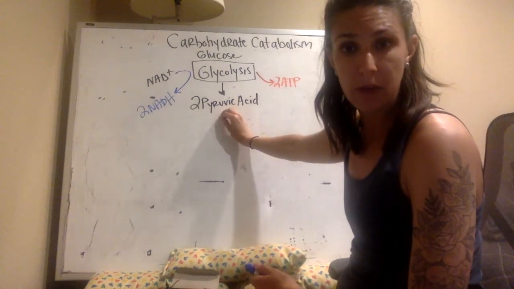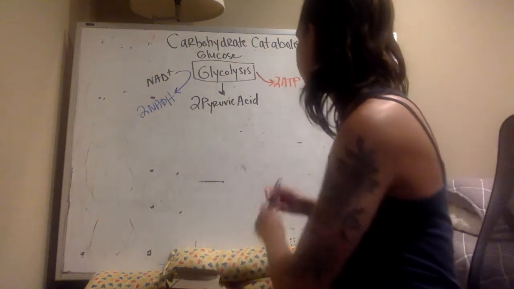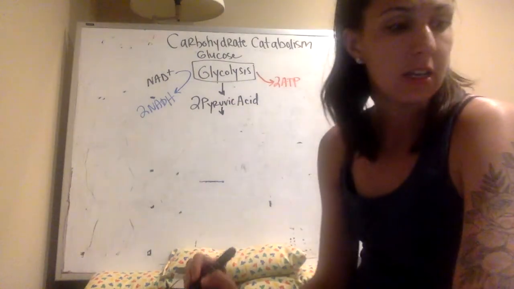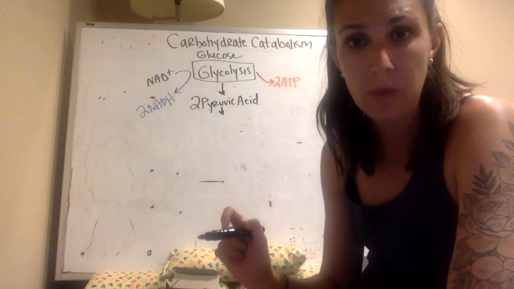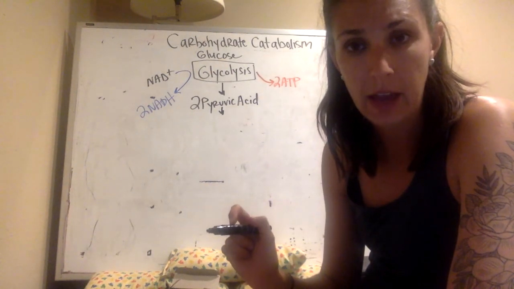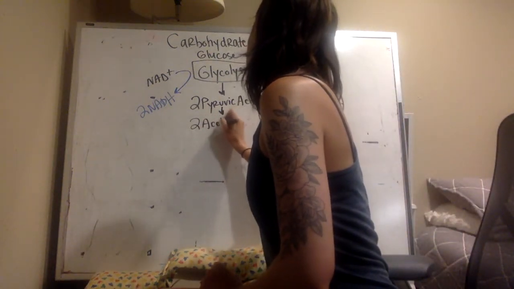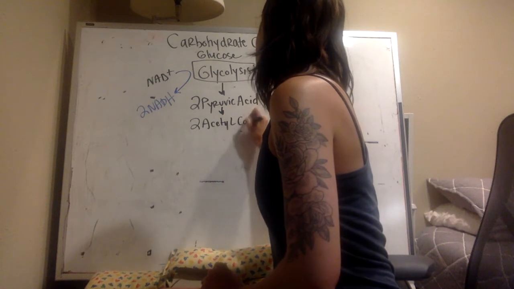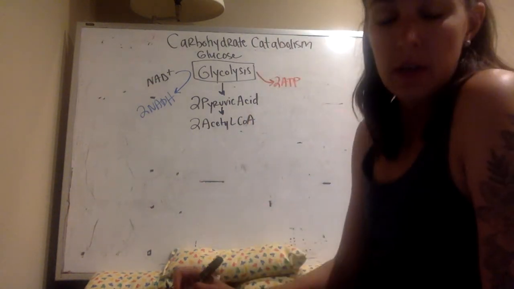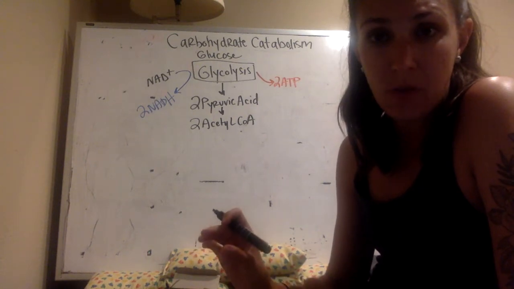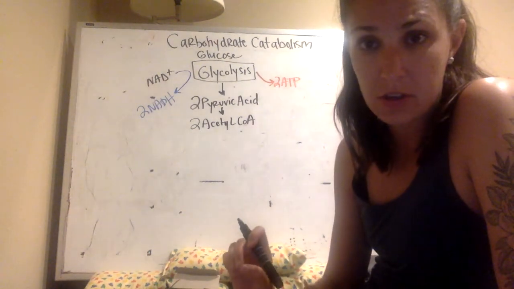With these two pyruvic acid molecules, these will be converted into two molecules of acetyl-CoA. And so the acetyl-CoA is what's needed as the input for the citric acid cycle, which is the third step.